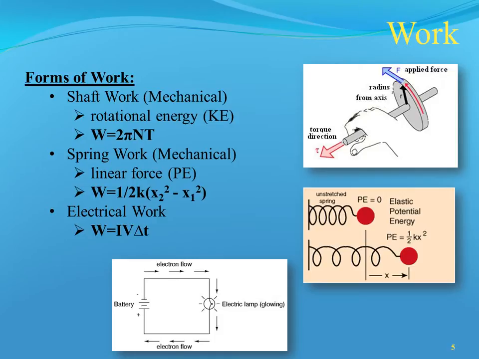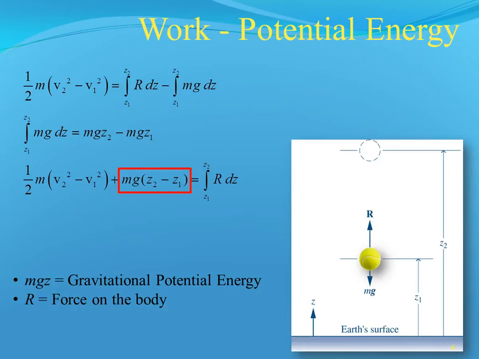So if we were to take a joule and divide it by a second, so that would be energy, or unit of work, per unit time, that would be joule per second, and that gives us a watt. So in terms of electrical energy, power is equal to current times voltage, and that would give us watts. And if we were to multiply that by a unit of time, then the time would cancel and we would be left back with joules. So that would give us our electrical work.